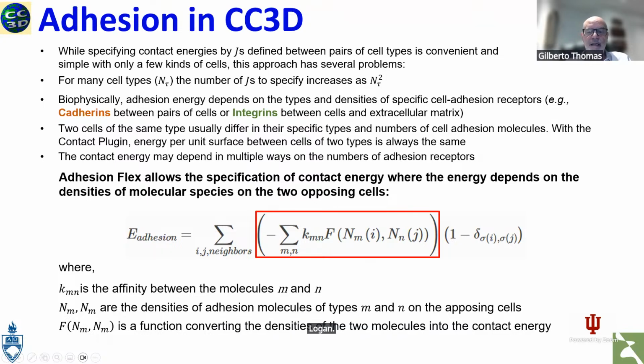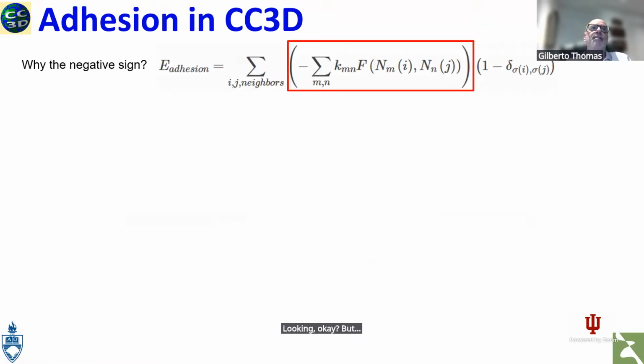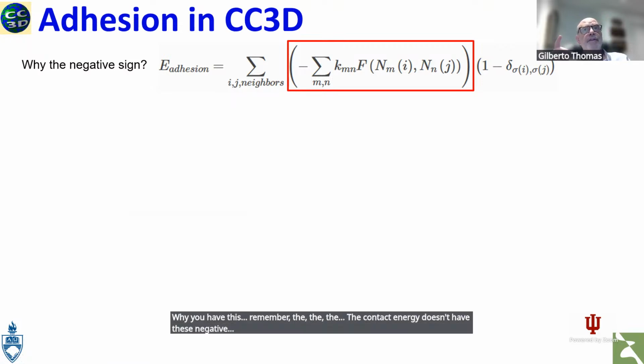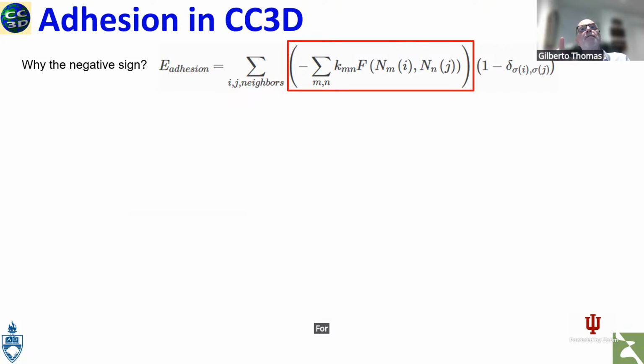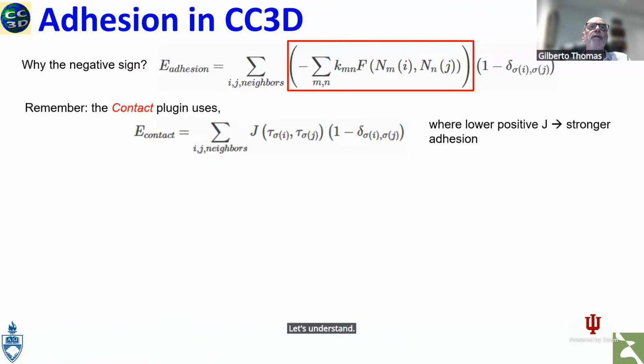Okay, but there is another question here. Why do you have this? Remember, the contact energy doesn't have this negative sign in front of it. Am I saying that I'm replacing the J with this expression here? So why is there this negative sign? Let's understand. Remember, the contact energy was this expression.